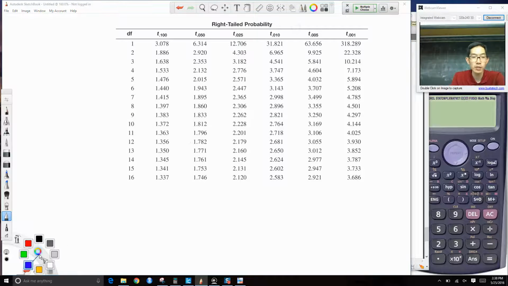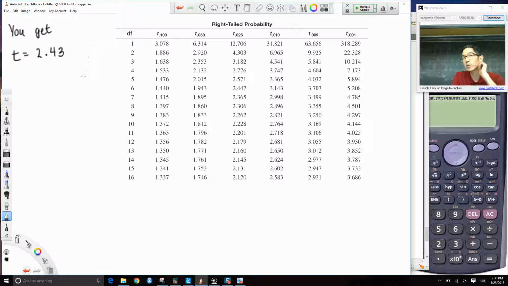Let's say you get t equal to, let's say, 2.43.